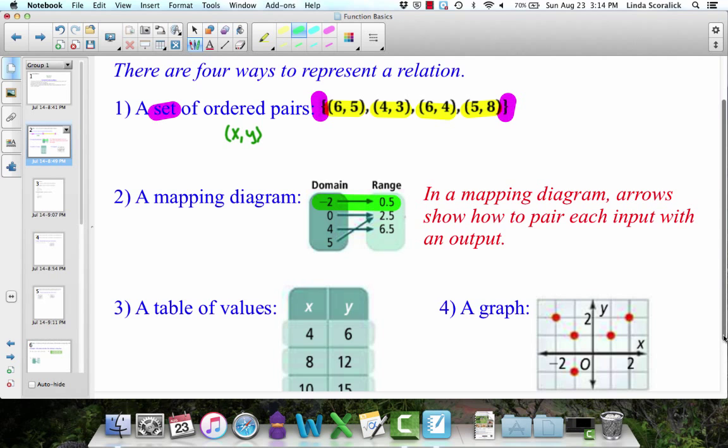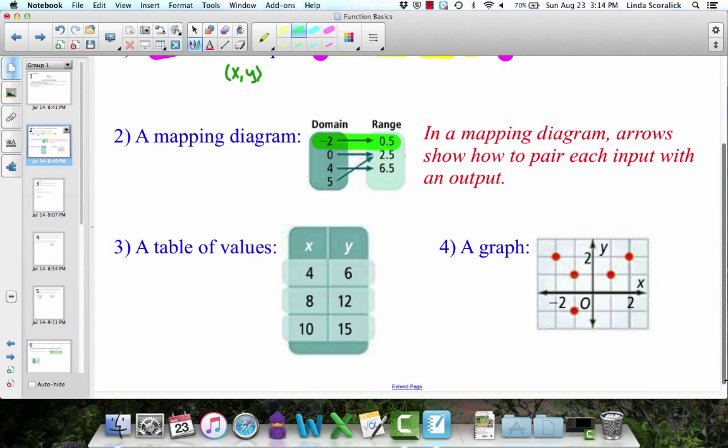Another way that we can represent a relation is using a table of values, and tables can be expressed either vertically, as the one here is shown, or horizontally. What that means is that I could take my table and draw it like this. So I have x and y in different rows, and I'd have my 4 and my 6, my 8 and my 12, my 10, and my 15.